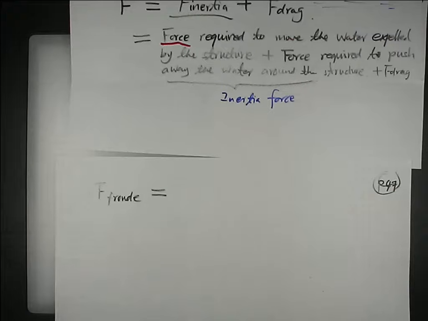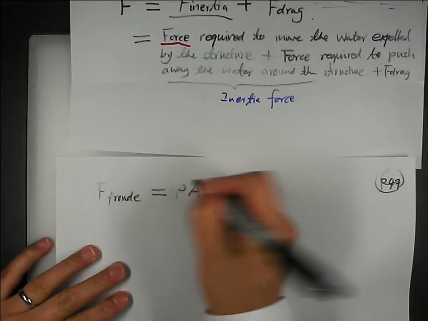So for unit length, M is equal to the cross-section area of the structure. Cross-section area times length is volume; now for unit length, it is just the cross-section area. This is like the unit length volume. Then the density: because we consider water expelled by the structure, it's water density.